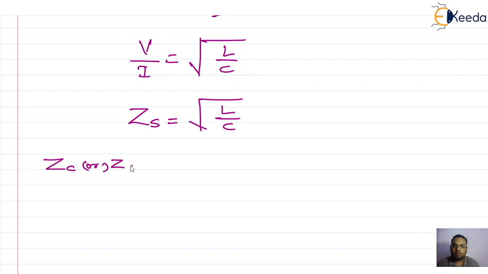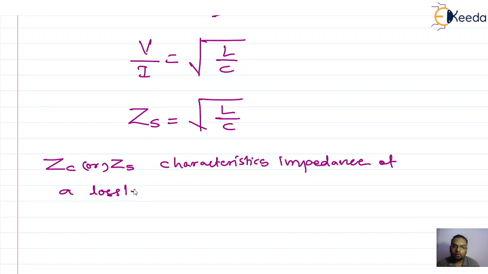It is the characteristic impedance of a lossless line.